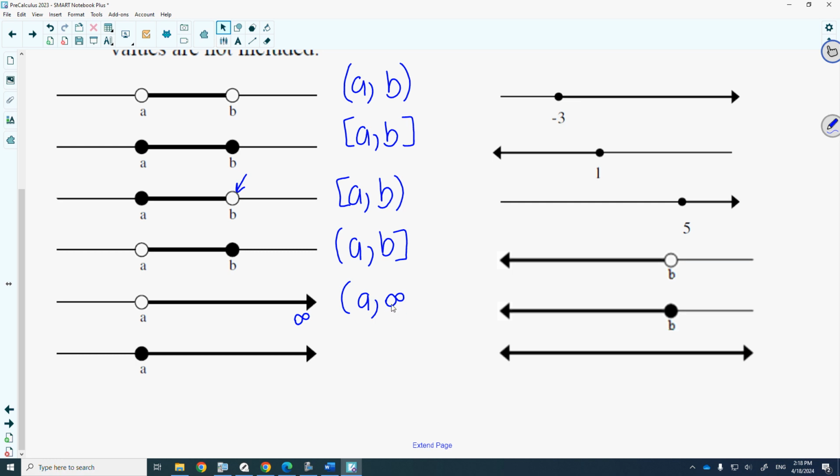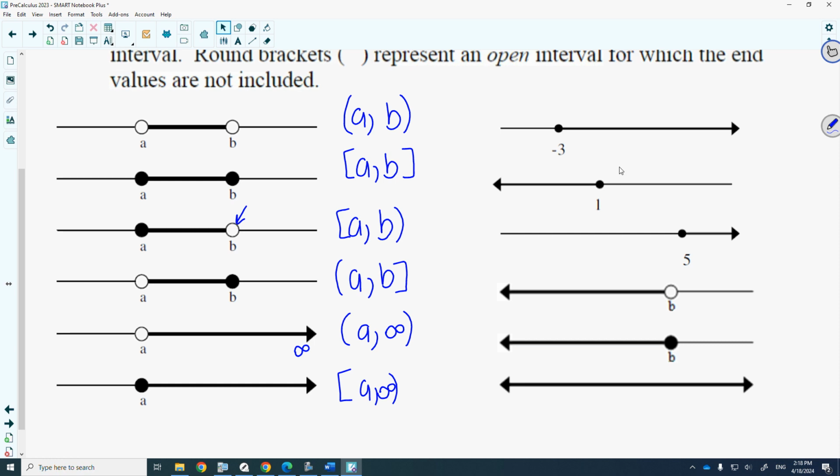And infinity, remember, always gets a round bracket. So we don't actually touch or get to infinity, so it always has to be round. This one would be square bracket a to infinity. Okay, so what I would do is just take a minute, pause the video, do these 6, and then unpause, make sure you got the right answers.